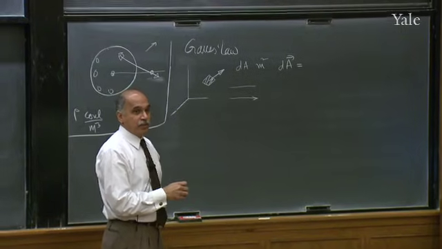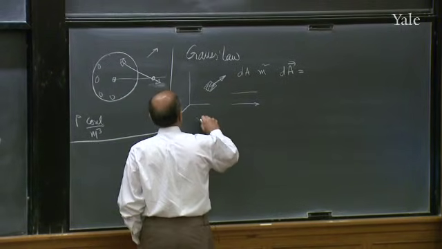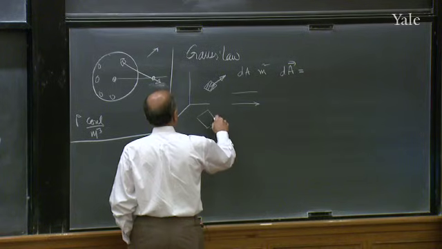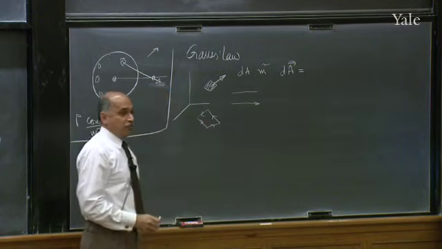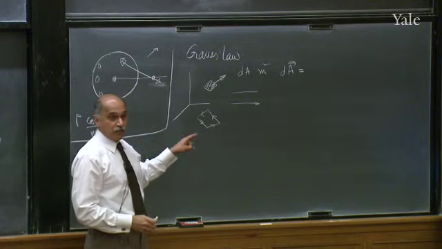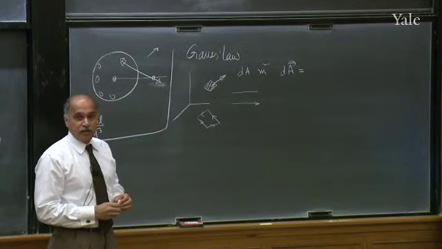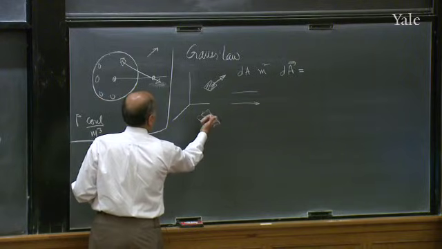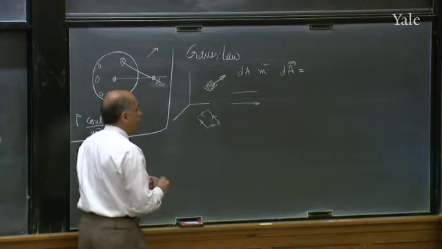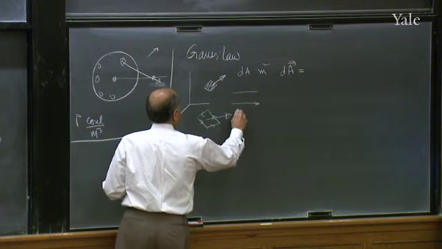And here is what you're supposed to do. You take that area here, I'm just drawing it in another place, and draw some arrows that circulate around it in one sense or another. I've picked a particular sense in which they're going around. Then use the famous right-hand rule, where your fingers curl along the arrow and your thumb points in some direction. That is the direction of the area vector.